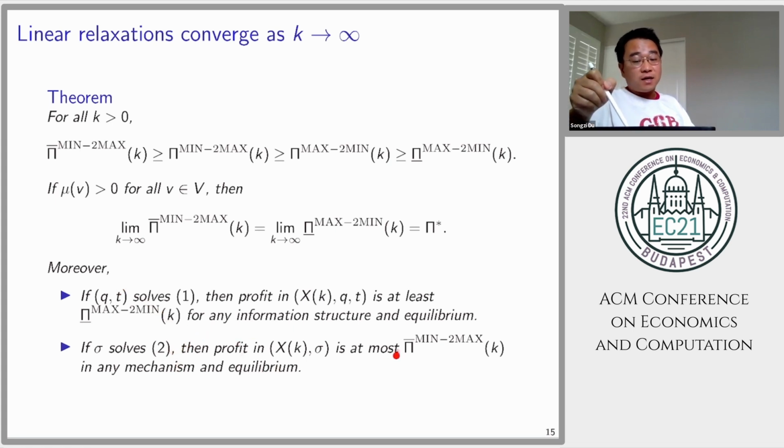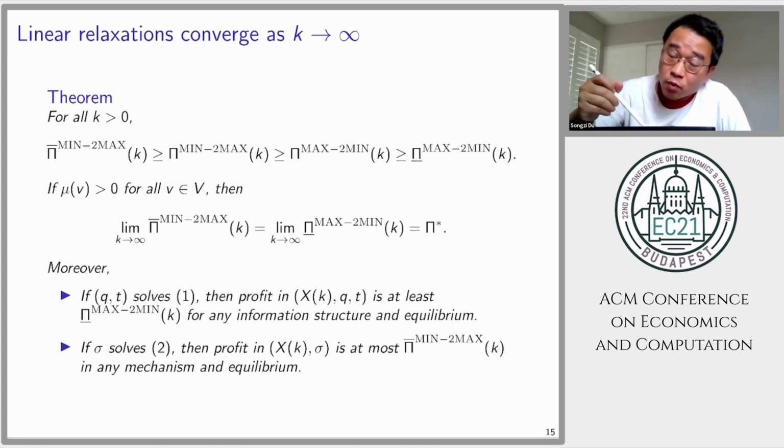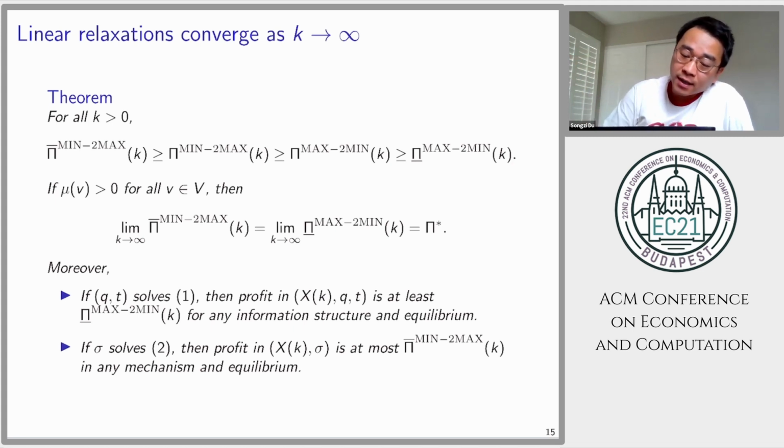Likewise for the information design problem, we have a similar upper bound for the profit guarantee from the linear relaxation for min to max. What we are claiming here is that it is without loss to study the bounding program when K is large, and any solution to the bounding program will give us the optimal profit guarantee when K is large.